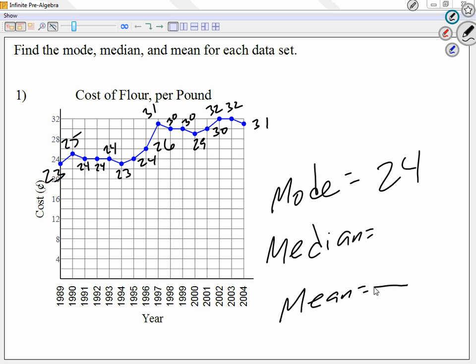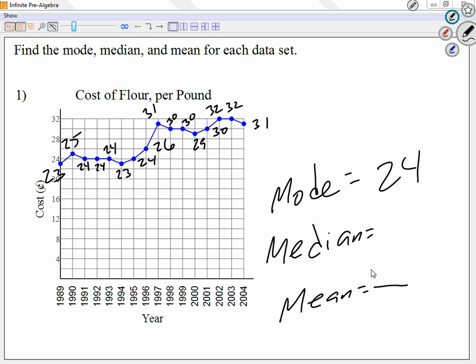Then I go plus 31 plus 30 plus 30 plus 29 plus 30 plus 32 plus 32 and plus 31. So when I add everything, it should come out to 438.